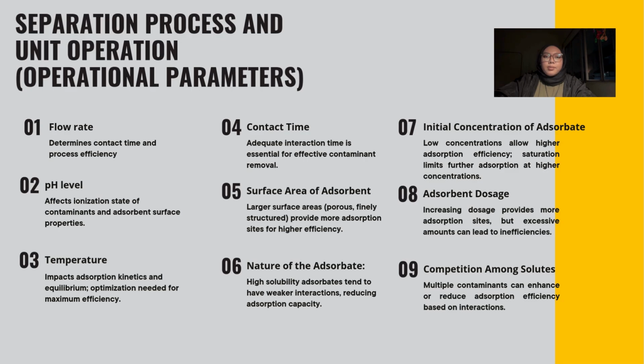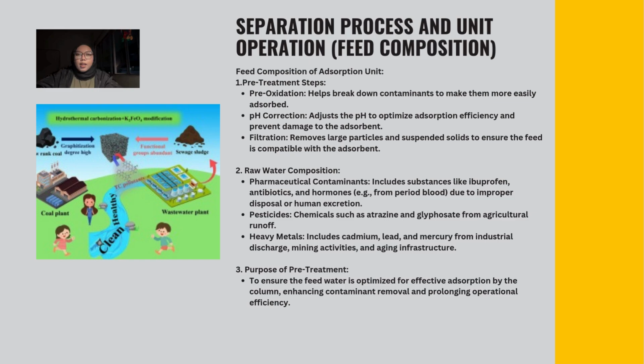Saturation limits further adsorption at higher concentration. The eighth one is adsorbent dosage. Increasing dosage provides more adsorption sites, but an excessive amount can lead to inefficiencies. The last one is competition among solutes. Multiple contaminants can enhance or reduce adsorption efficiency based on interaction.